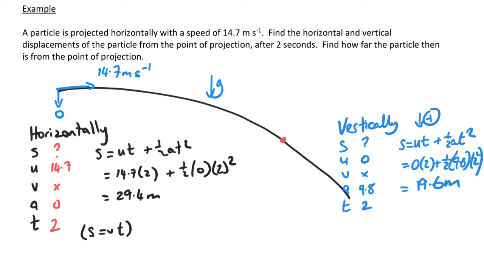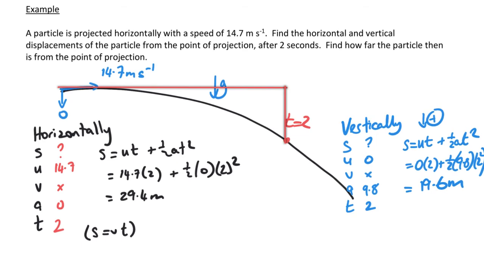So what we have then is at t equals 2, the particle has moved a horizontal distance of 29.4 meters, and the vertical distance was 19.6. So to work out the distance the particle was from the start, it's going to be the hypotenuse in this right angle triangle.